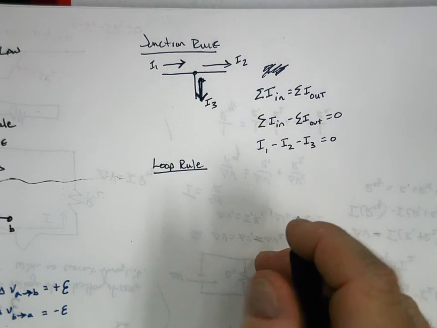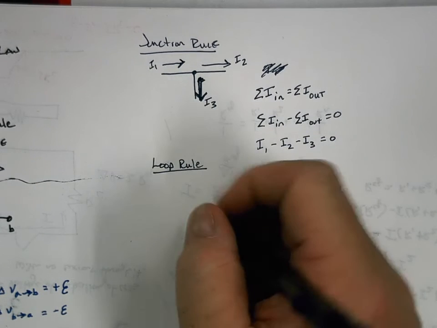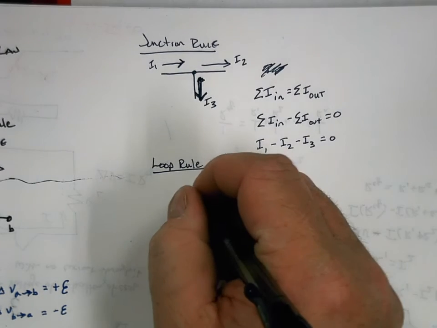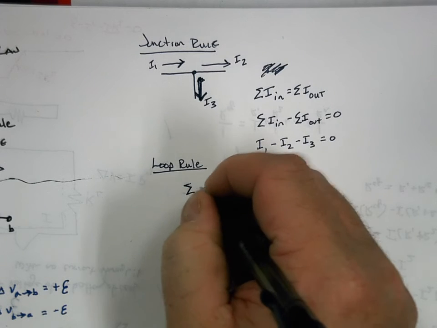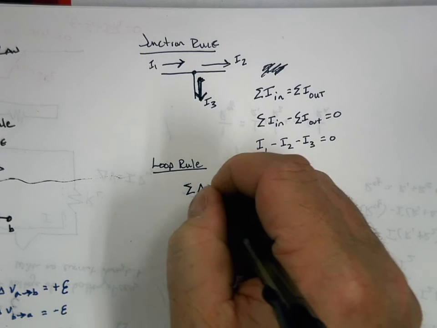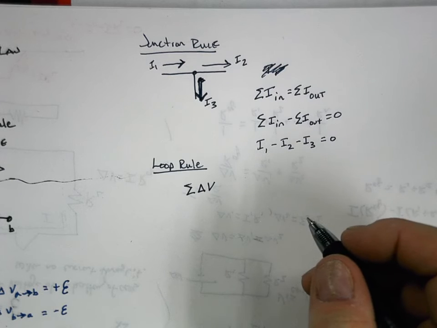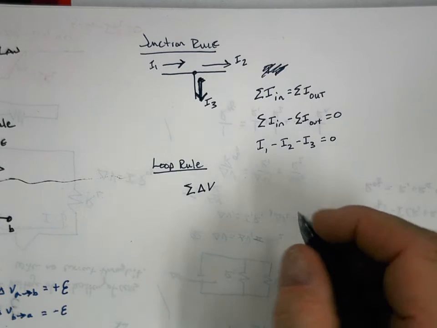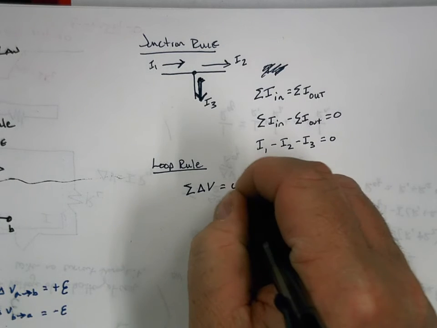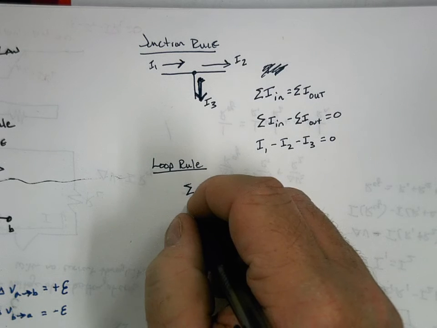But we've already kind of mentioned the loop rule. The idea of the loop rule is the sum of our potential changes, of our potential differences, equals 0 for a closed loop.